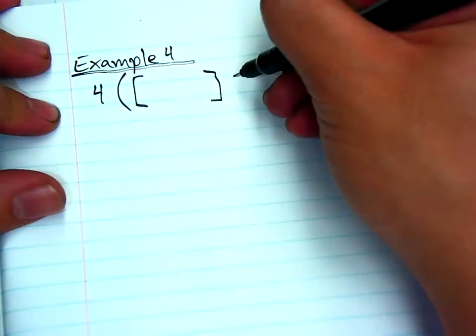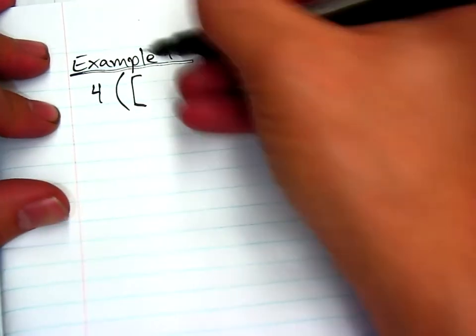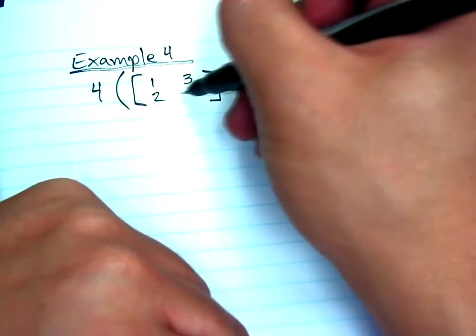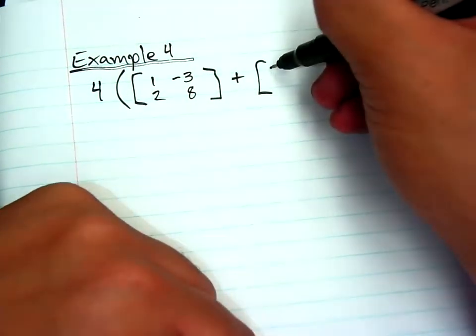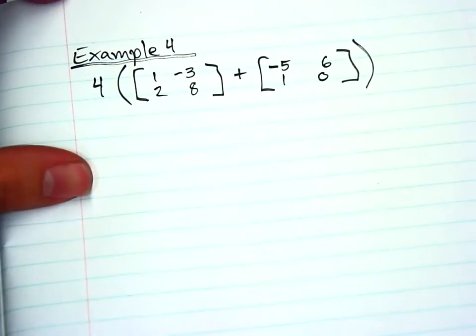And then instead of writing A and B, I'm just going to go ahead and write out the matrices here. 1, negative 3, 2, 8. Let's go with negative 5, 6, 1, 0.